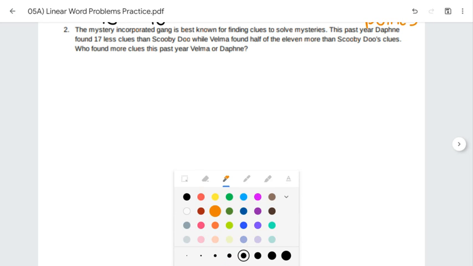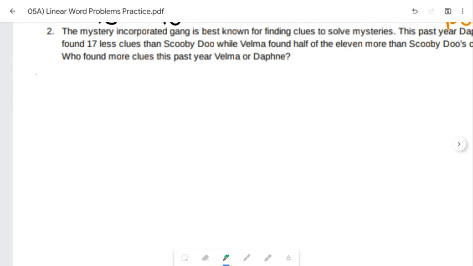Now, for each member of the Mystery Incorporated gang, in this case, we're going to let Scooby-Doo equal, let's say C, for clues.